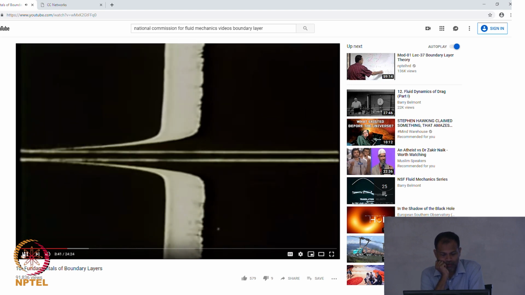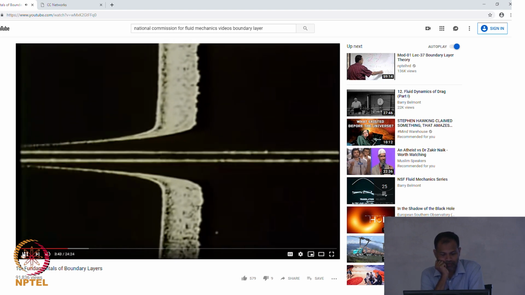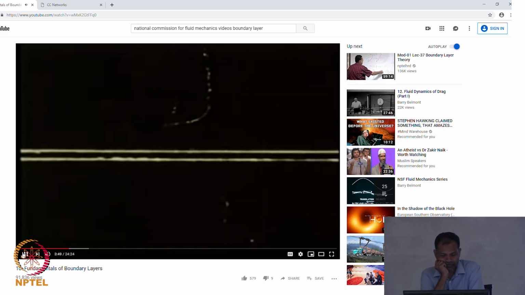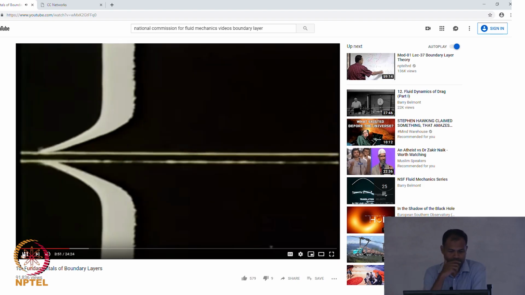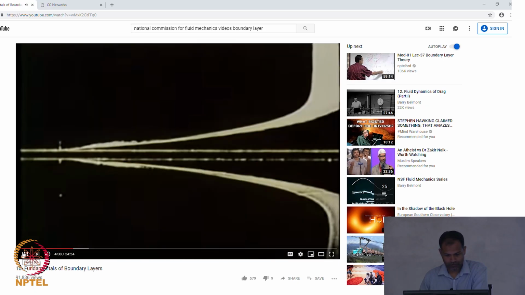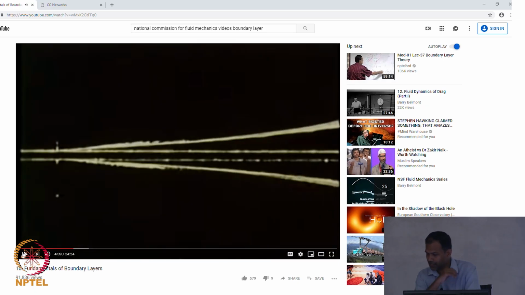So they are moving along with that, and you can see the growth in the boundary layer now.